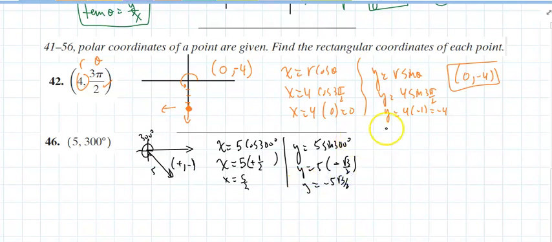So this point is the equivalent of moving 5/2 to the right, negative 5 radical 3 over 2 up. Done. So, one set of problems, you rotate and you move in that direction.